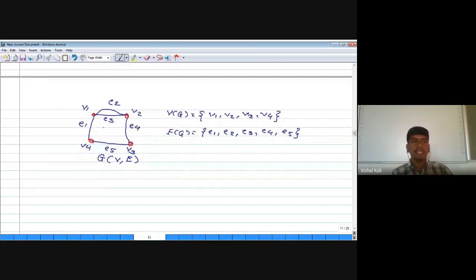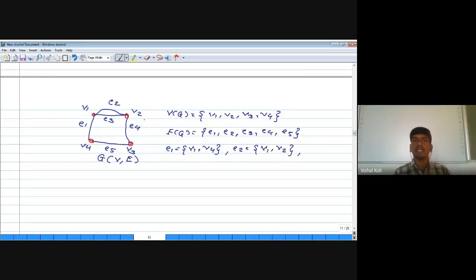Now here edge e1 is incident on two vertices, that is, e1 is an edge which joins the two vertices v1 and v4. Similarly, e2 is an edge which is incident on v1 and v2.